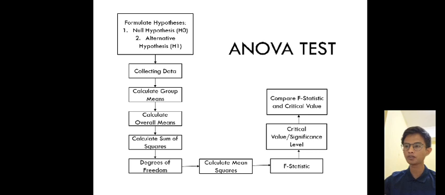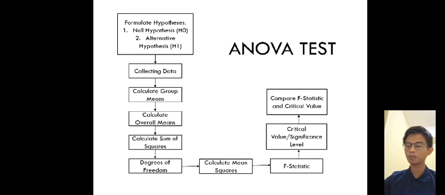This is the process of how to get the result from the ANOVA test. In my last presentation, I explained what materials we need for this research. In this paper we use MATLAB to process the data that we get from the plantar sensor.